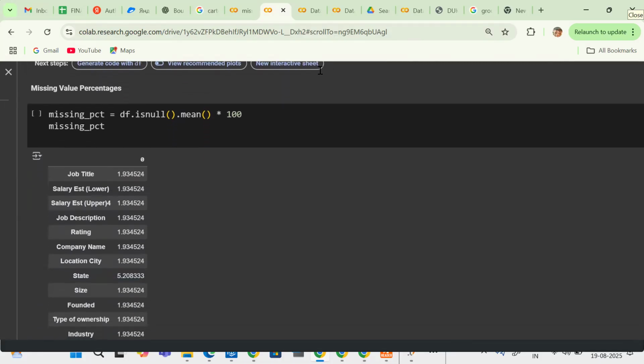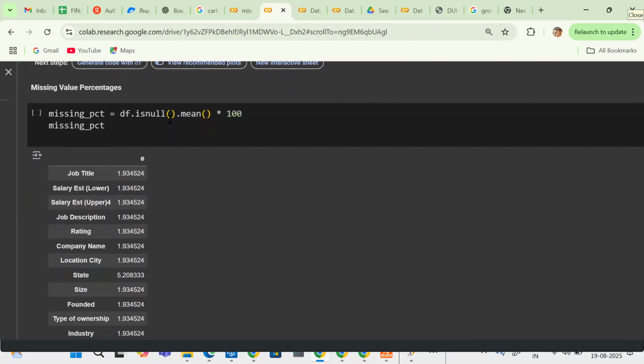Now we are trying to find the percentage of missing values in each of the columns in your dataset. For that, we use df.isNull and mean times 100, so it will give you a percentage.